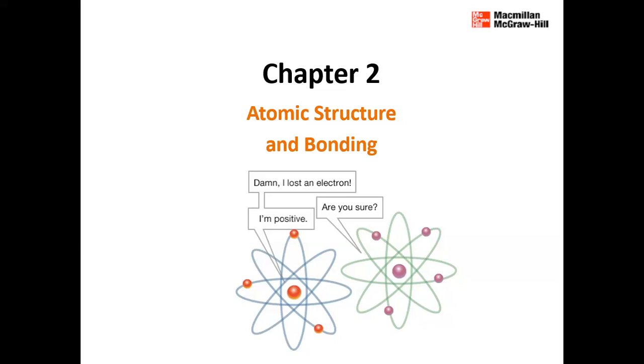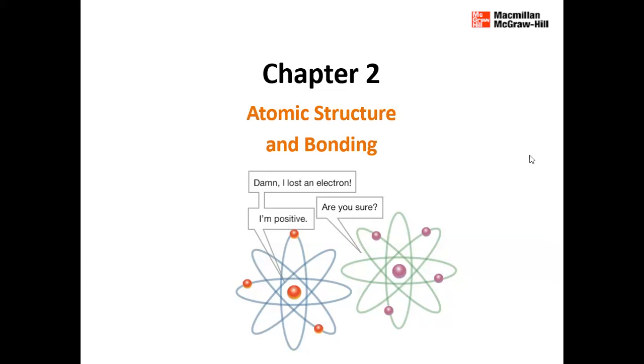What is the chemical bond actually, or the atomic bonding? Anyone? And what is the goal of chemical bonding? Anyone can answer, or if you don't want to talk, you can write in the chat box.